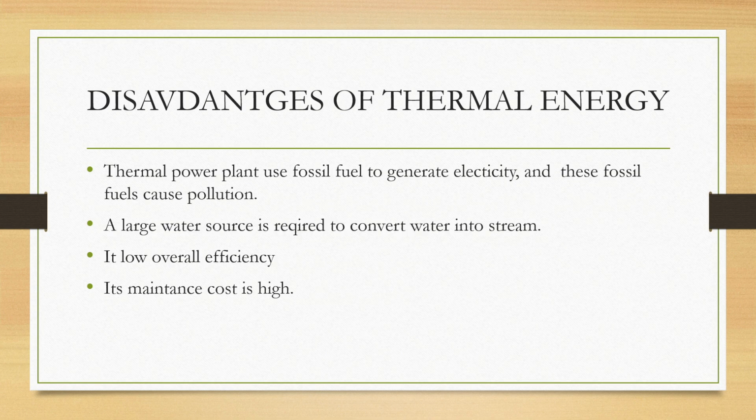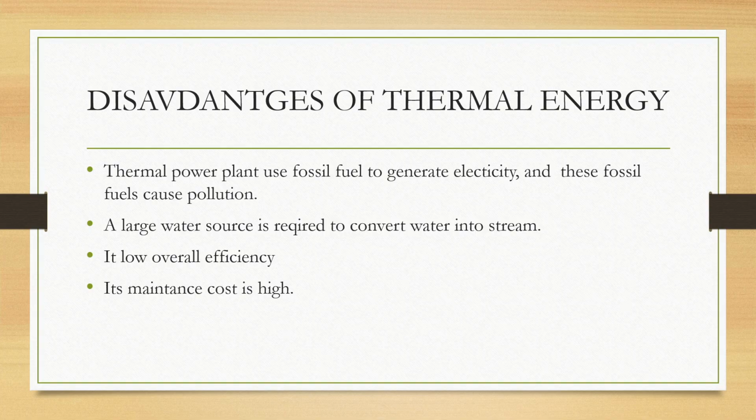Next, what are the disadvantages of this thermal power energy? The thermal power energy is used as a fossil fuel, and fossil fuels cause pollution. A large water source is required to convert water into steam.